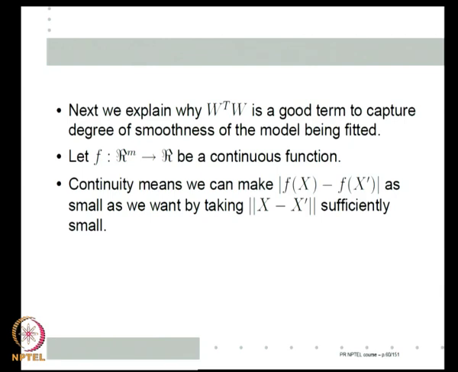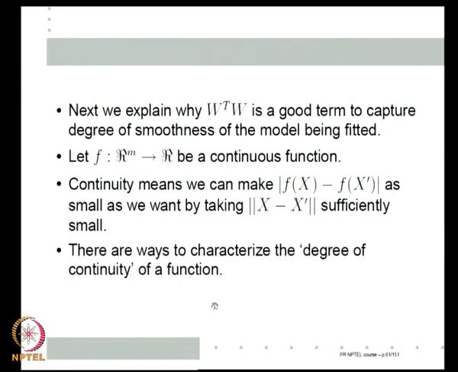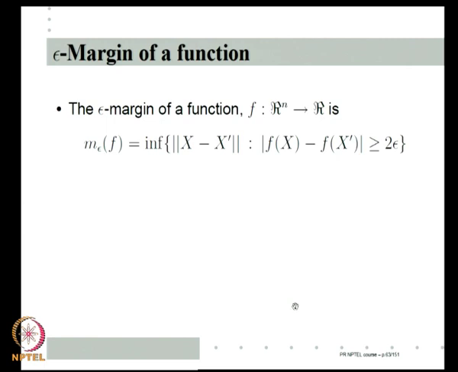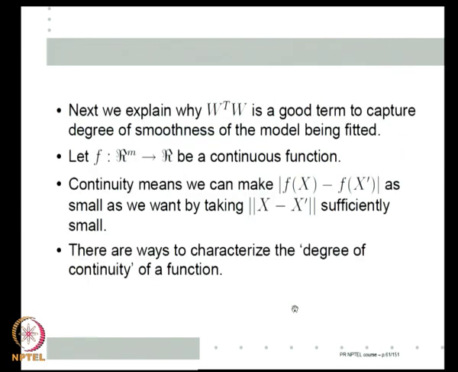So, for a given difference between f x and f x prime, how small I have to make x minus x prime is one kind of measure of how fast or slowly varying the function is, which is one measure of how smooth the function is, right. So, there are ways to characterize what can be called the degree of continuity or degree of smoothness of a function. We are going to look at just one such measure. Okay. We just look at one such measure to characterize the degree of continuity of a function.